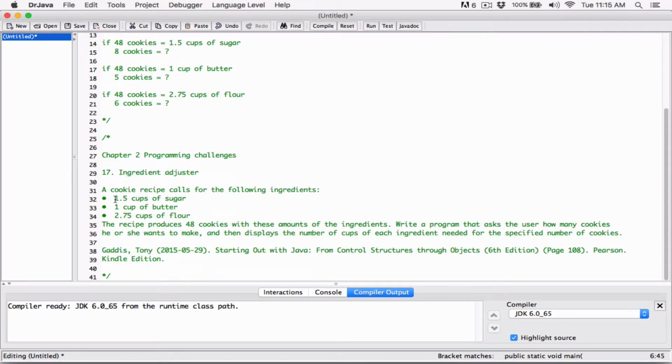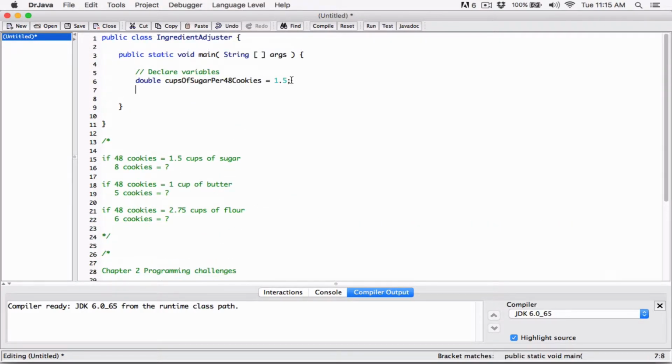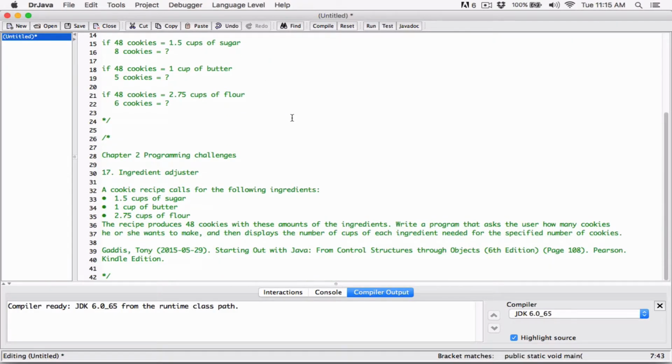The next thing is going to be cups of butter per 48 cookies. That's also going to be a double. Since it's only one, you can actually decide to declare it as an integer.